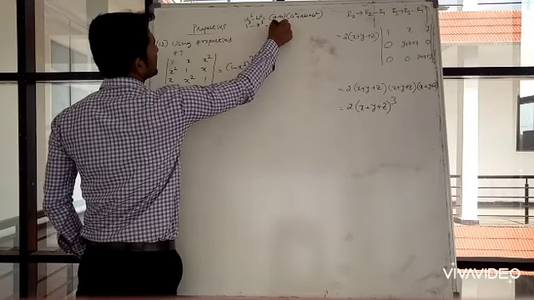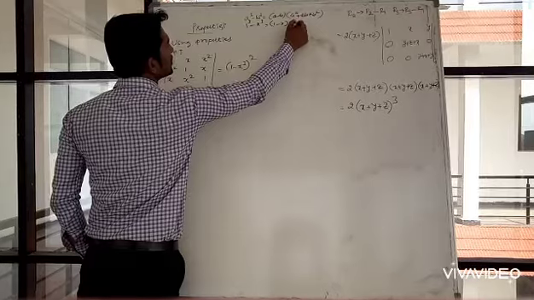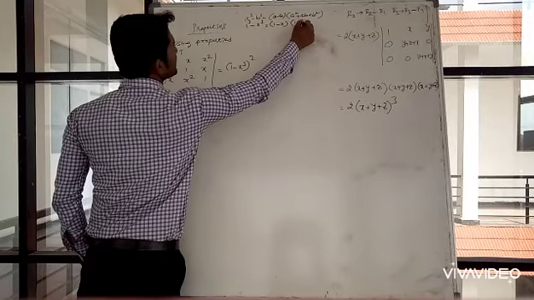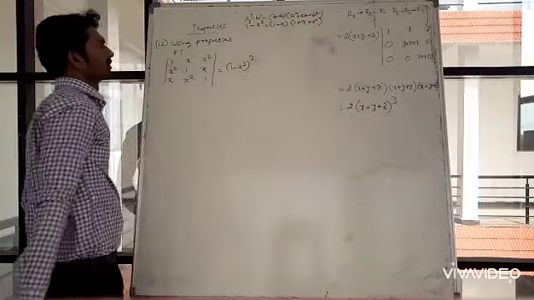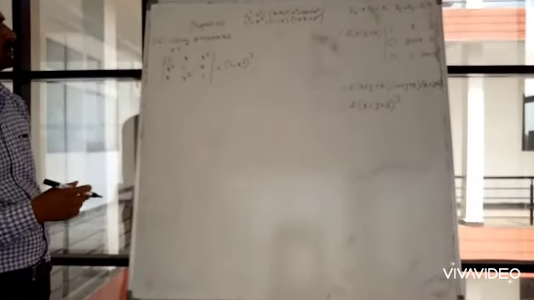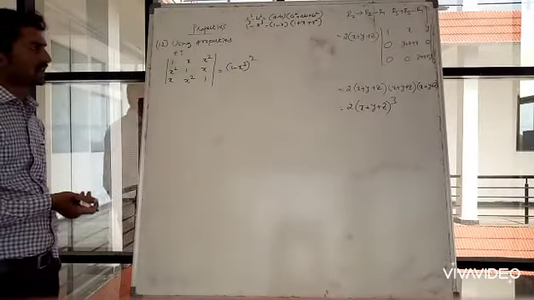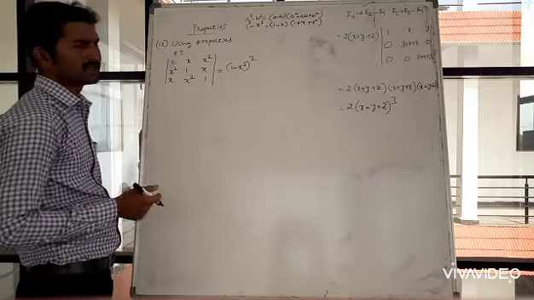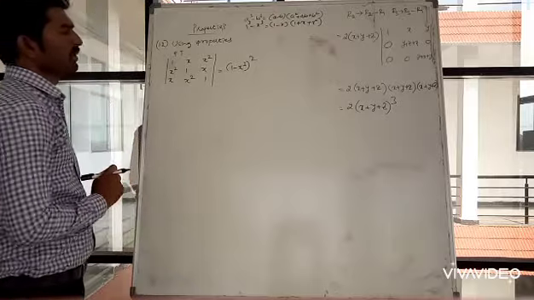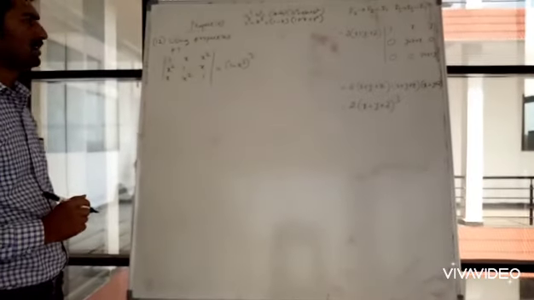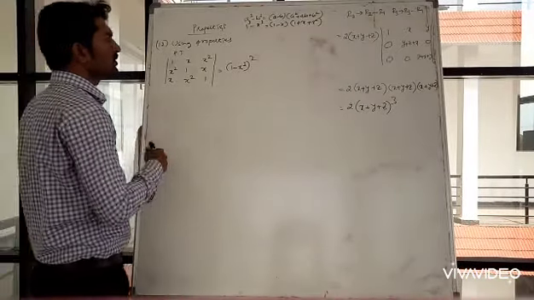You can put 1 minus x into 1 plus x plus x square. Then if you take the product of these two, we get 1 cube minus x cube. Whole square is there.